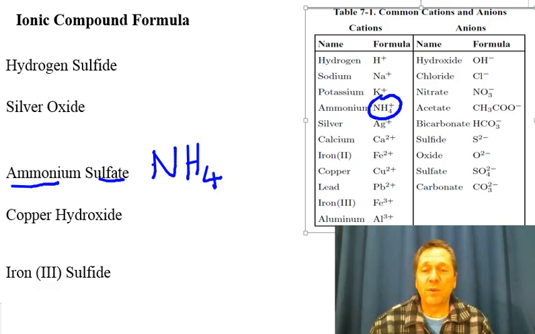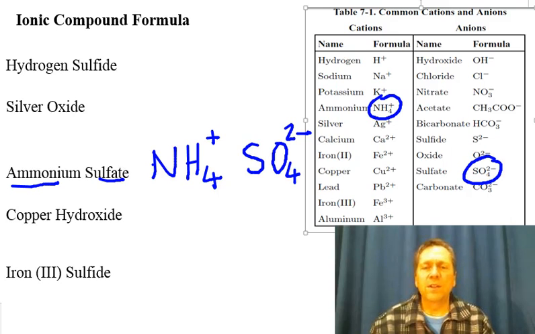It's got 1 nitrogen atom and 4 hydrogen atoms, but overall, total charge is just 1+. The sulfate ion, you can see that over here. And once again, that is a little bit different because that's got several atoms, SO4, and that's got a 2- charge on it. You can see the charges don't balance up yet, but we can fix that.